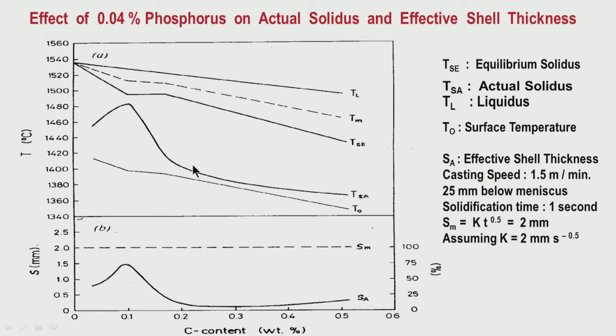The consequence is that the actual solid shell thickness is quite narrow, and the thickness of the mushy zone is quite wide. So with increasing carbon, the mushy zone is becoming wide and the actual solid shell thickness is becoming narrow.